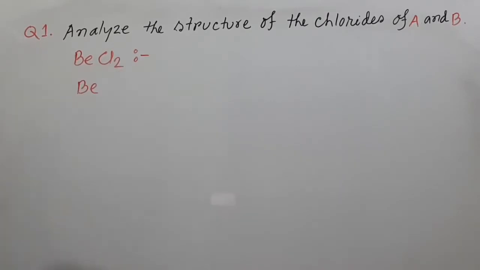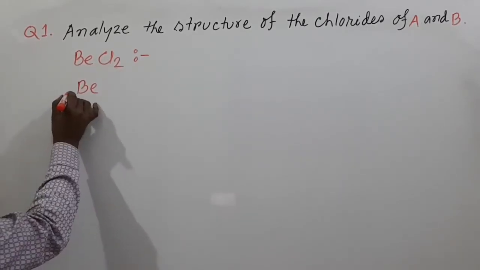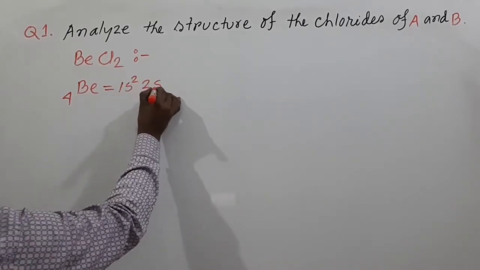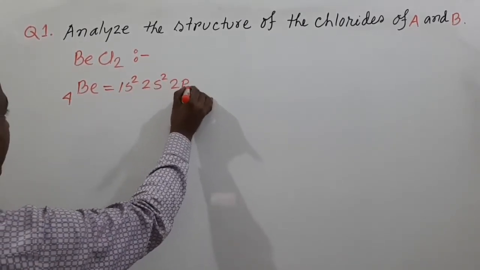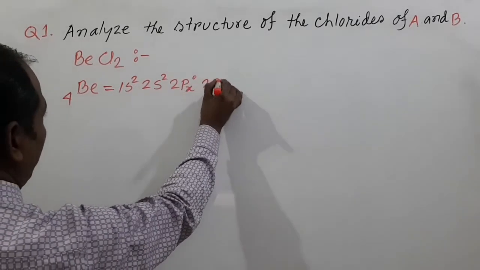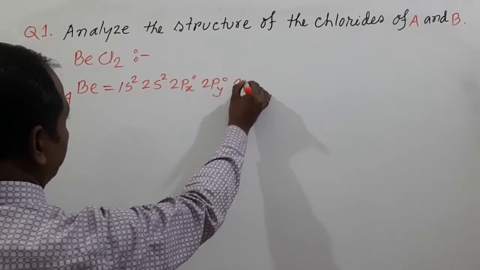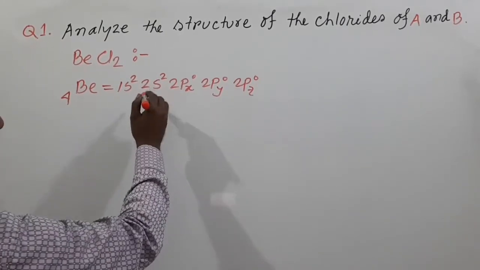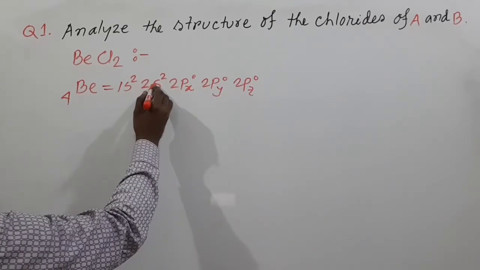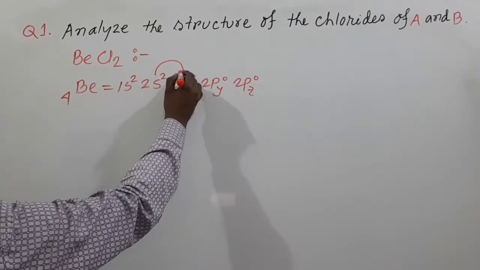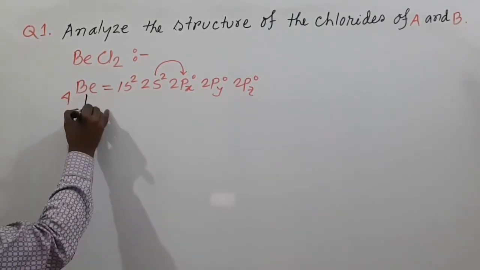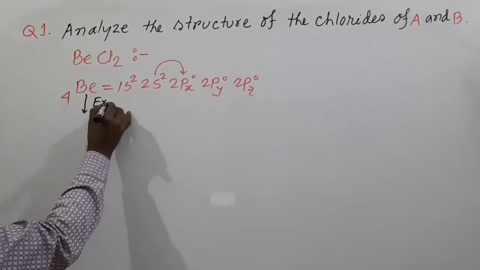My dear students, here the central atom Be has atomic number 4, electronic configuration 1s2, 2s2, 2px0, 2py0, 2pz0. In the excited state, one electron of the 2s2 orbital shifts towards the 2px0 orbital, and this is the excited state.